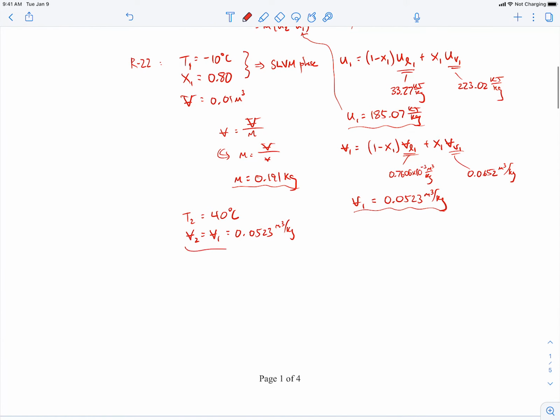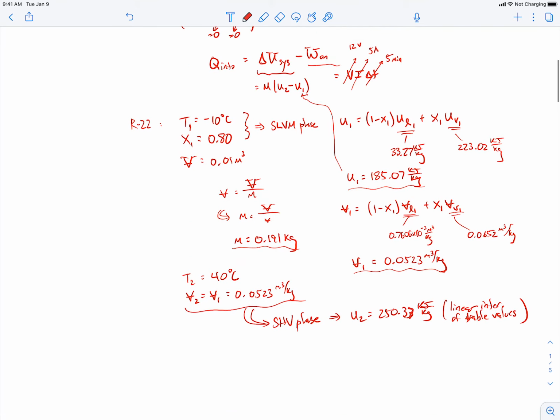So this is superheated vapor phase, and we can find that U2 is 250.33 kilojoules per kilogram. That comes from linear interpolation of table values. Okay, hopefully you understood how we got those values. So now I have everything I need to calculate the Q into.